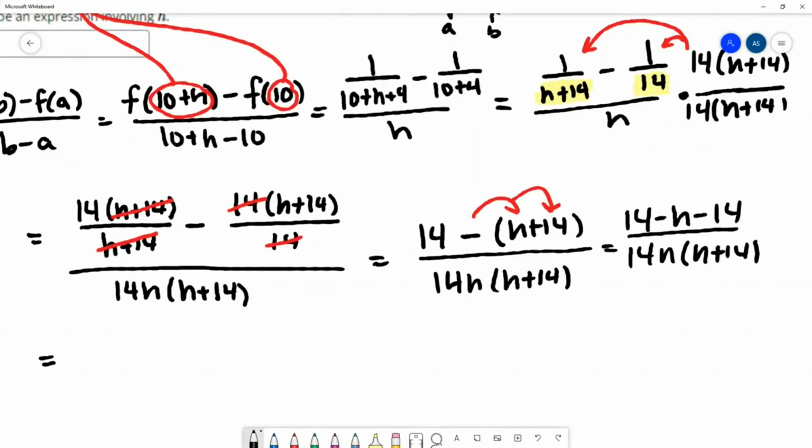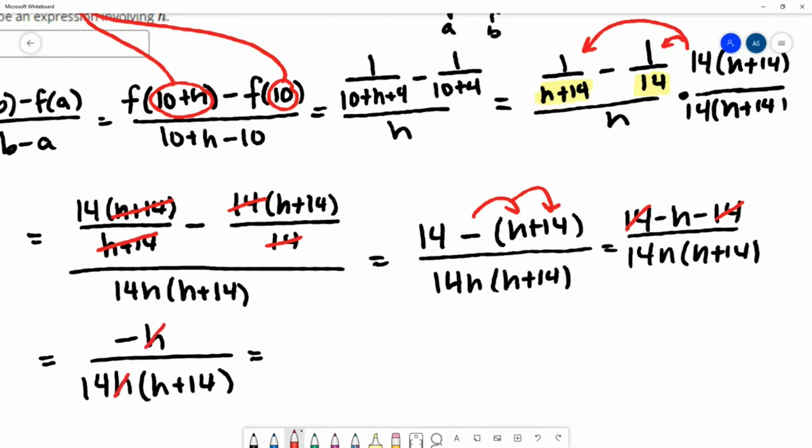In the numerator, the positive 14 and the negative 14 cancel, leaving us with a negative h over 14h times h plus 14. Now we can reduce this fraction, canceling out the h's, and we have negative 1 over 14 times h plus 14. So this is our average rate of change from 10 to 10 plus h.